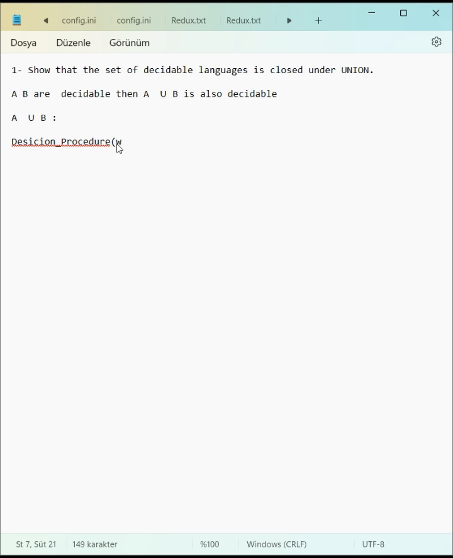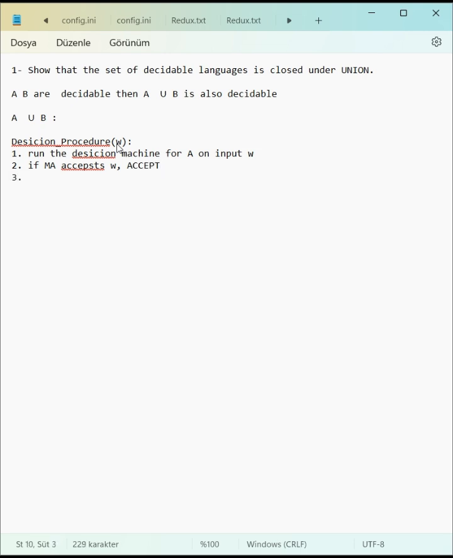First, run the decision machine for A on input w. Second, if MA accepts w, we accept.